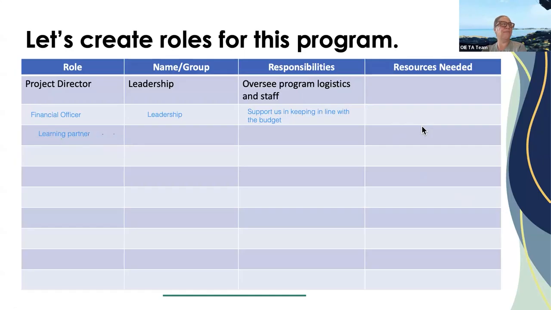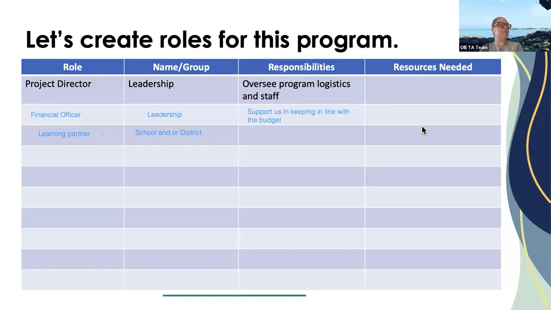If you don't have the annotate button, again, please share in the chat and I will be watching for your thoughts. Oh, I love that financial officer is number 2. Depending on your organization, sometimes the financial officer is in the finance office and is not necessarily connected to your team. But I love that we made sure we put the financial officer number 2 in this list.